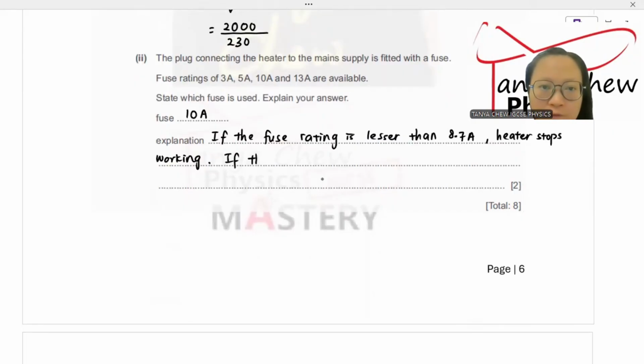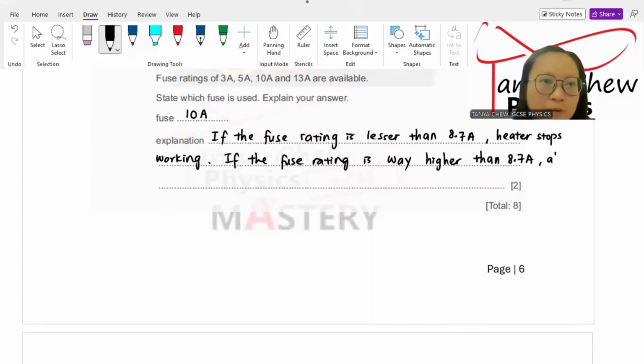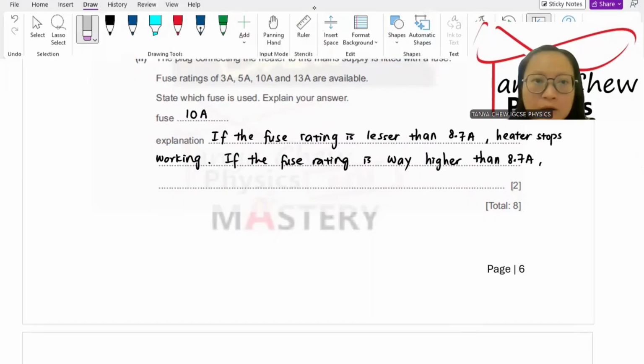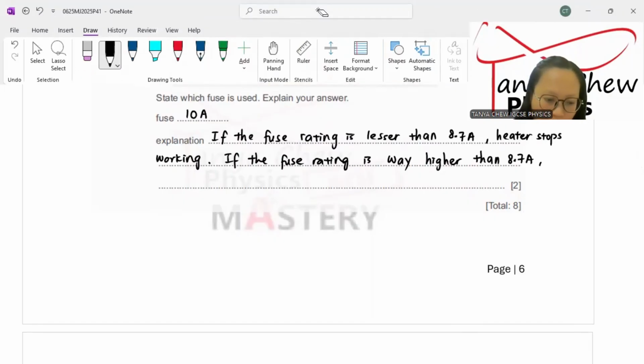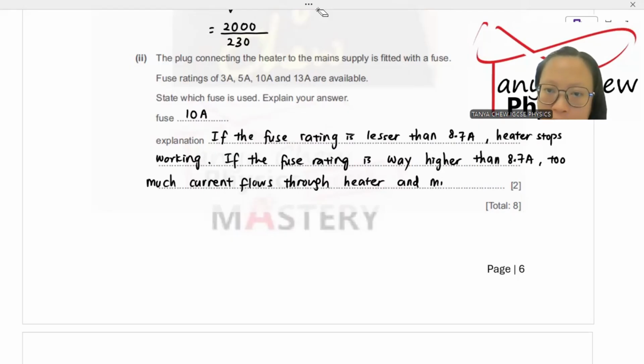But if the fuse rating is way higher than 8.7 ampere, maybe 13 ampere, then too much current flows through the heater and might damage it.